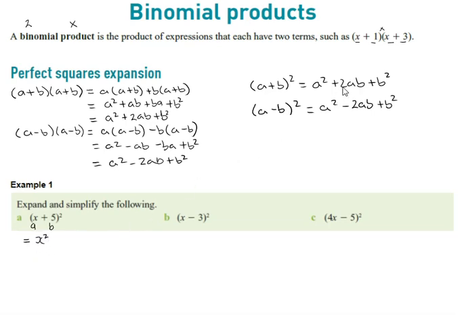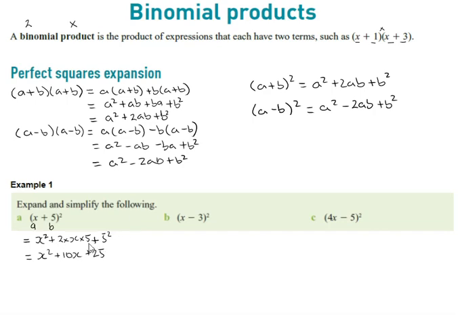My next term is 2 times A times B, so I'm going to write down 2 times x times 5. And then my last term is B squared, so I'm going to square 5. Now I can simplify that right down to be x squared plus 10x plus 25. And that is my answer.